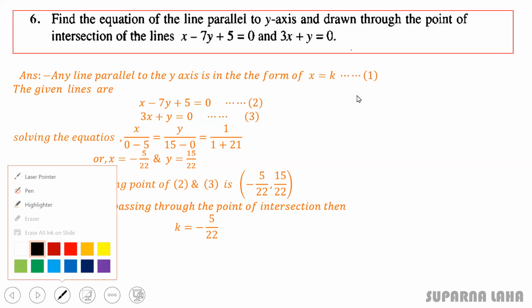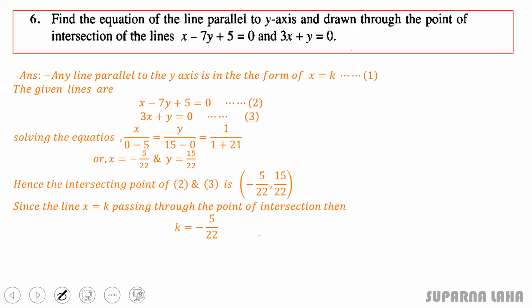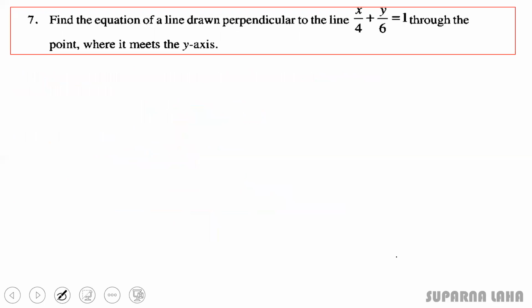So the equation of the line should be x equals minus 5 by 22, or we can write 22x plus 5 equals 0 is the equation of the line. Clear? So moving to the next question, question number 7.